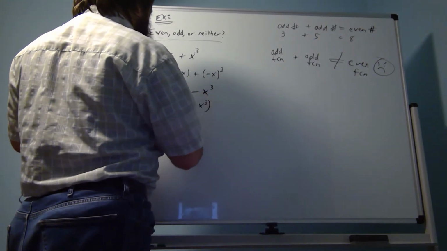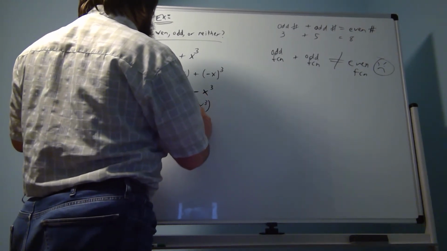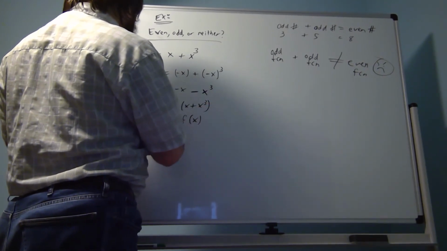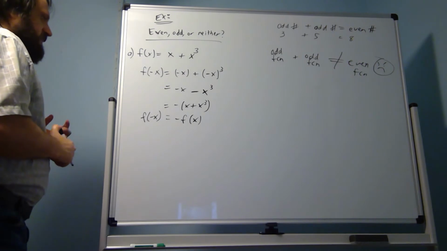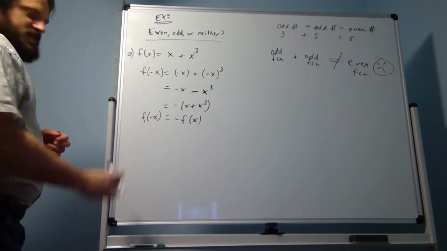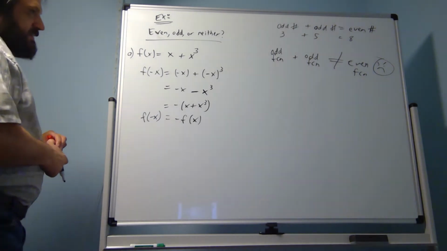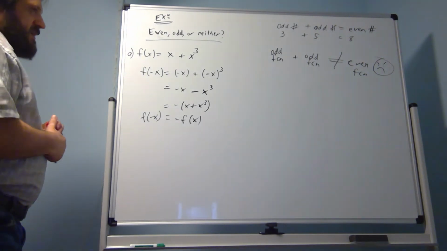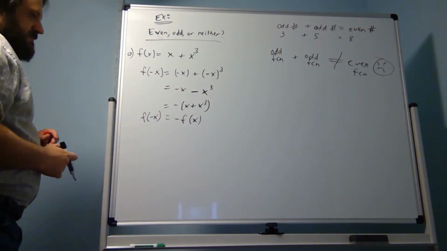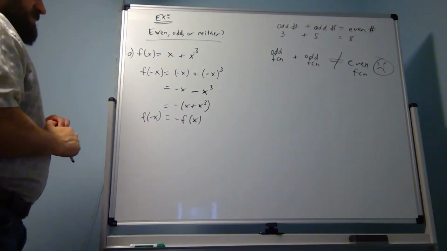Well, what does that do for us? That thing inside the parentheses is f of x. So odd function plus odd function actually gives us an odd function. That's not something you have to memorize, and the problems where this happens are usually easy enough that just working through the algebra is easier.